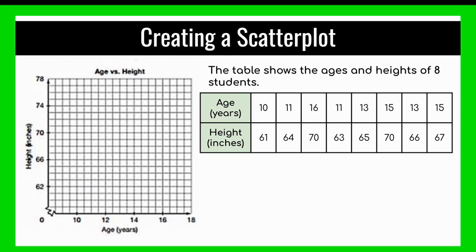When we create a scatter plot, most of the time you're going to be given a table like this, and you're just going to be plotting points on a graph. The table shows the ages and heights of 8 different students. Remember, we said anything that has to do with time is independent, and you can see on our graph that age is the X. So age is our independent variable, and height is our dependent variable.